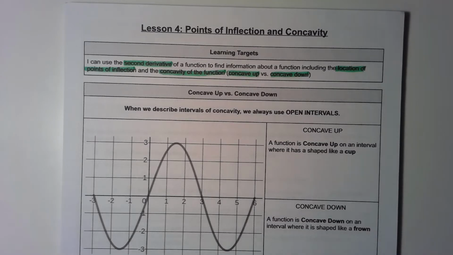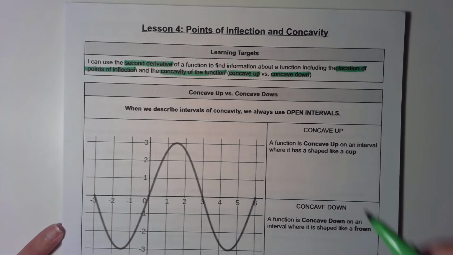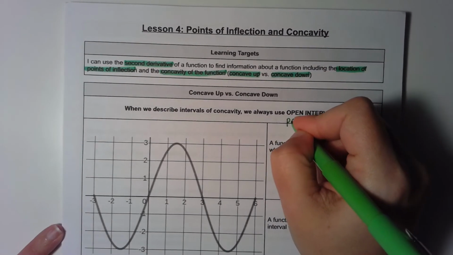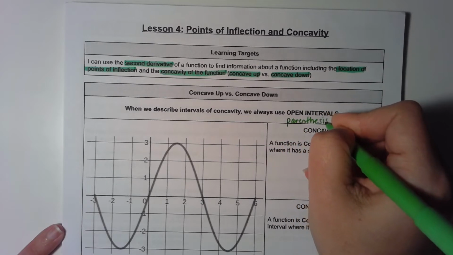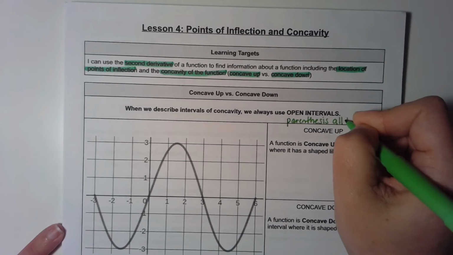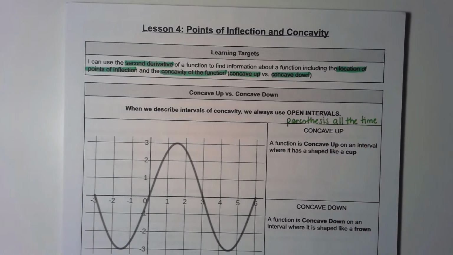This means that no matter what, all the time, you're going to be using open intervals. So, open intervals means you're going to be using parentheses all the time when we're describing concavity. So let's start with concave up.